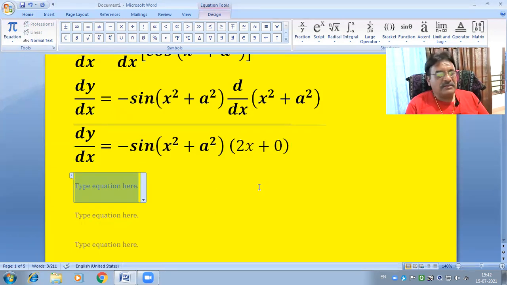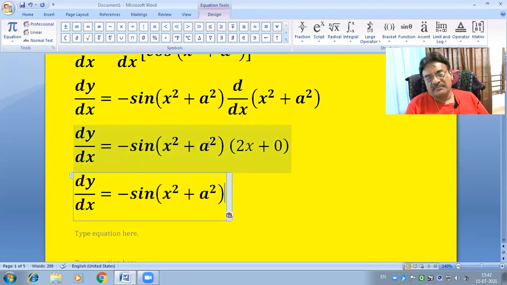Therefore, dy by dx is equal to minus sin (x square plus a square), as it is, into 2x plus 0, that is 2x.